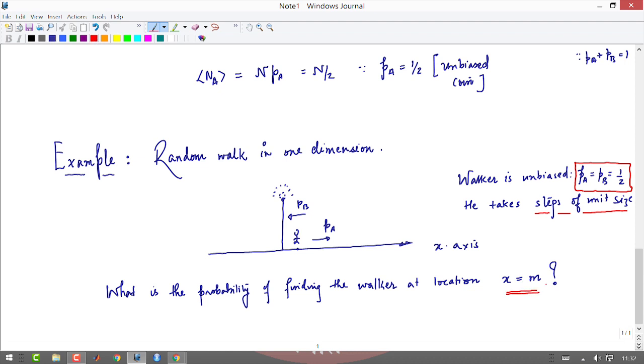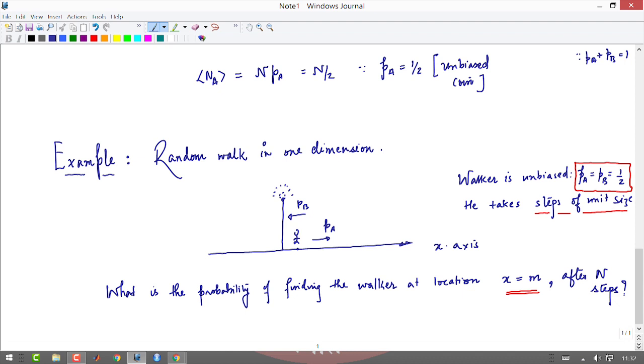What is the probability that the walker after n steps is at location x equals m? Okay. So, I am going to just write down after n steps.